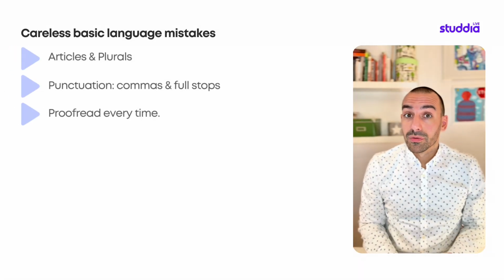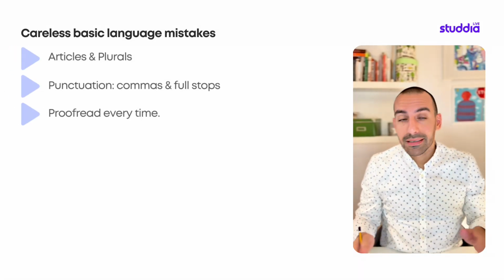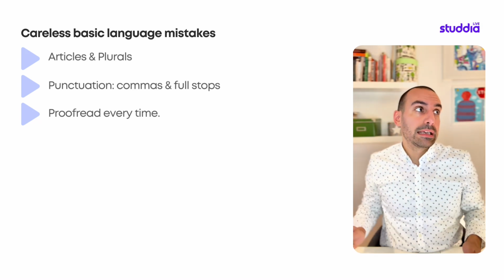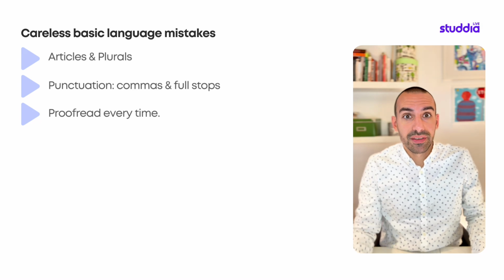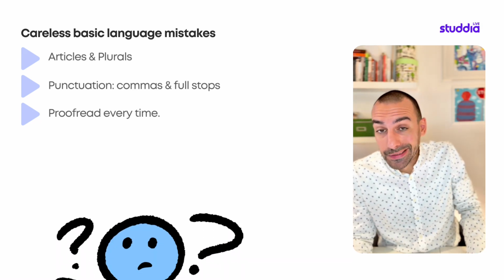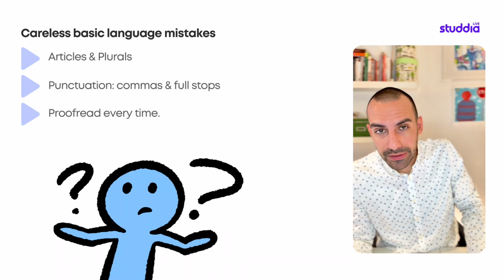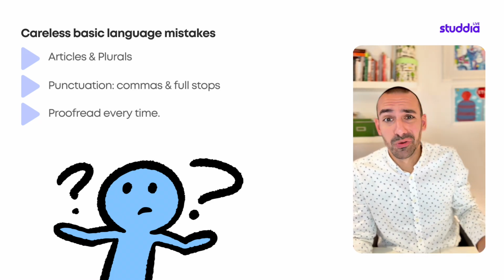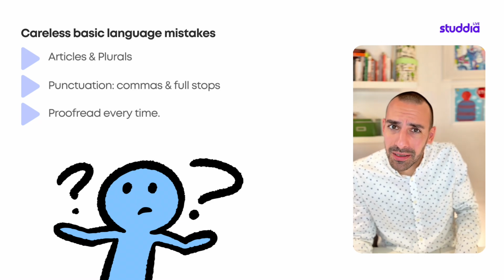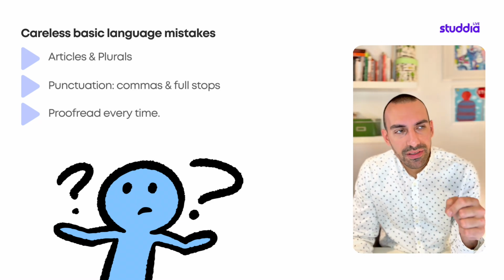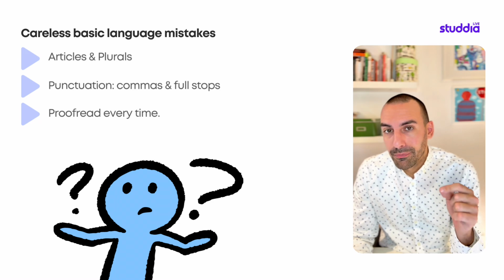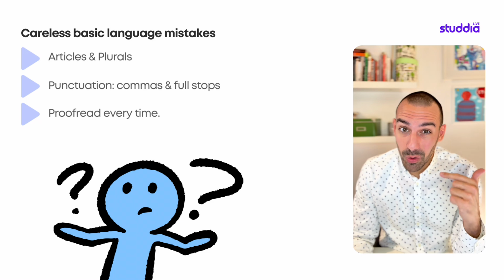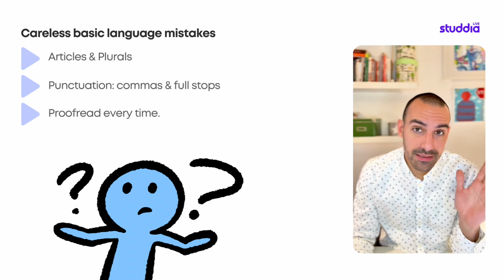Another common way students lose points is through careless, basic, stupid language mistakes like missing articles. For example, I want refund instead of I want a refund. Or forgetting plural S. For example, writing to book instead of two books. Punctuation errors also add up. Missing commas, missing full stops, writing I with a lowercase letter is another thing I sometimes see.